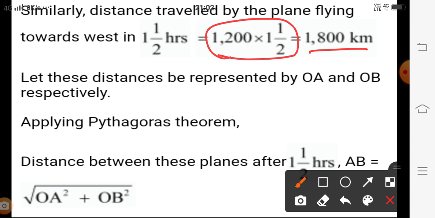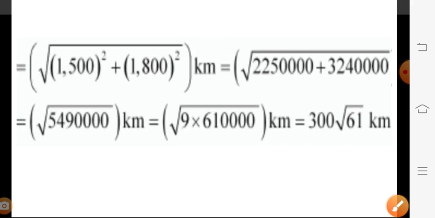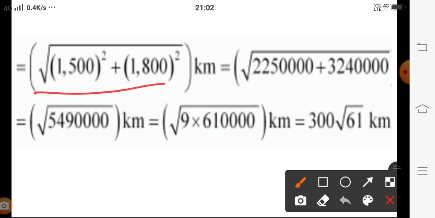Then if you apply the Pythagoras theorem in this, we get AB, the required distance between the two aeroplanes, as under root OA square plus OB square. Putting the values of OA and OB, we get under root 1500 square plus 1800 square.